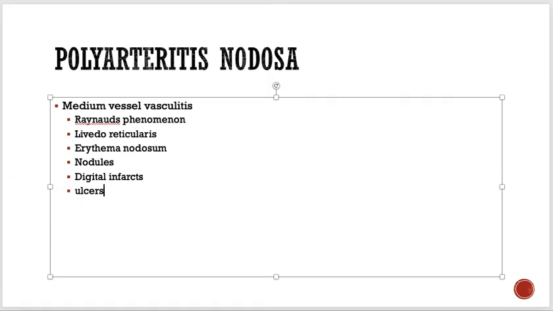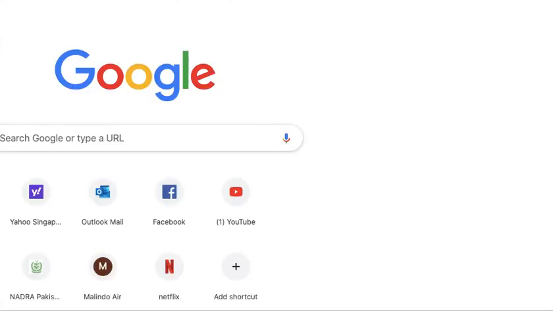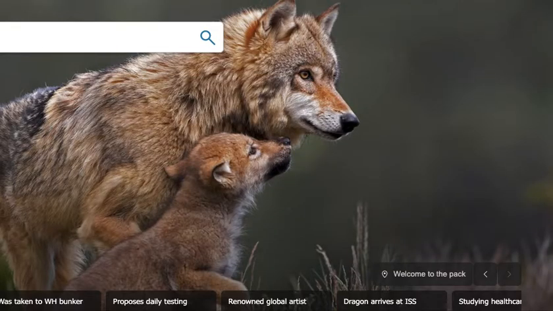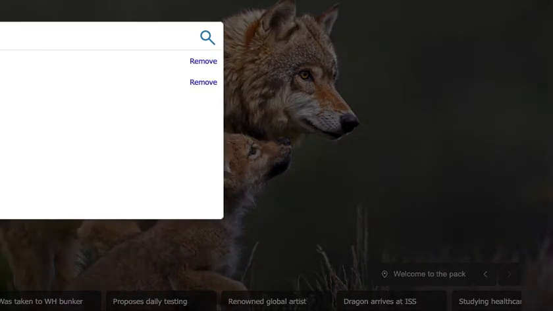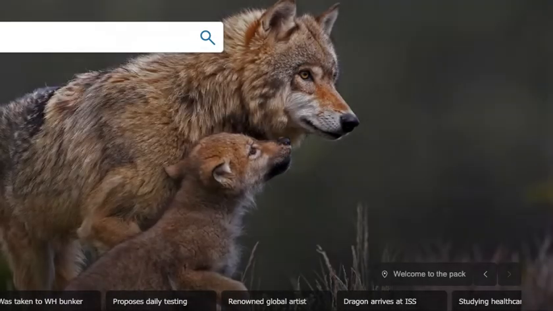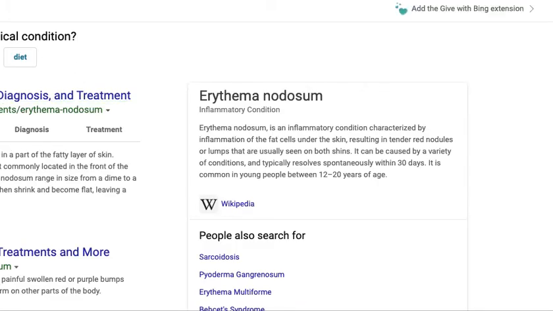I will show you what erythema nodosum is, right? Though you guys have done dermatology, okay, this is how erythema nodosum looks.